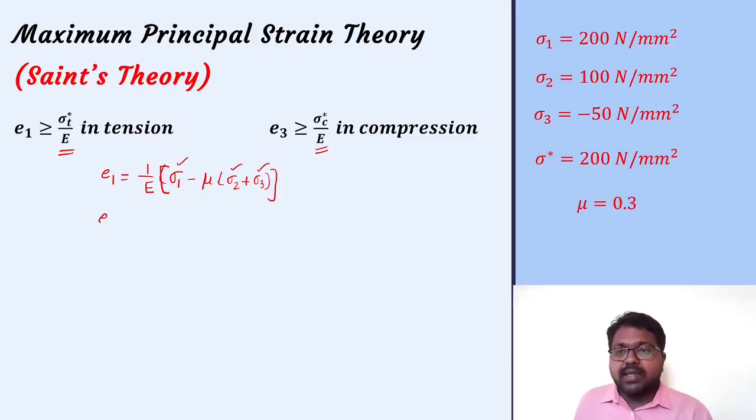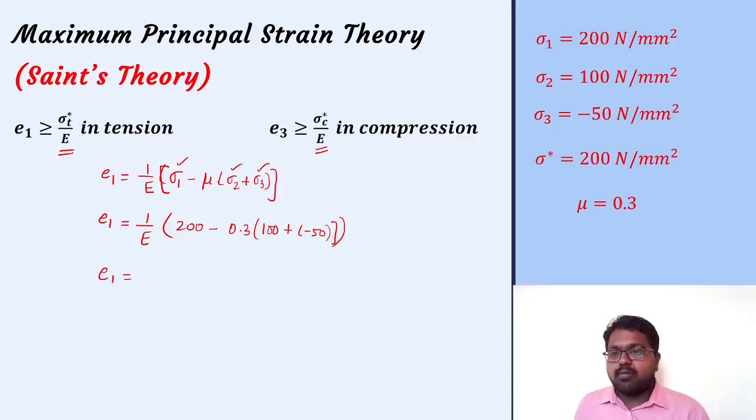So here we will get the value of e1 as 1 by E into placing the values of sigma 1, sigma 2 and sigma 3, like 200 minus mu, that is 0.3, into 100 plus minus 50, since it is a compressive one. We will get the value of e1 as 185 by E. So this is the value of e1.